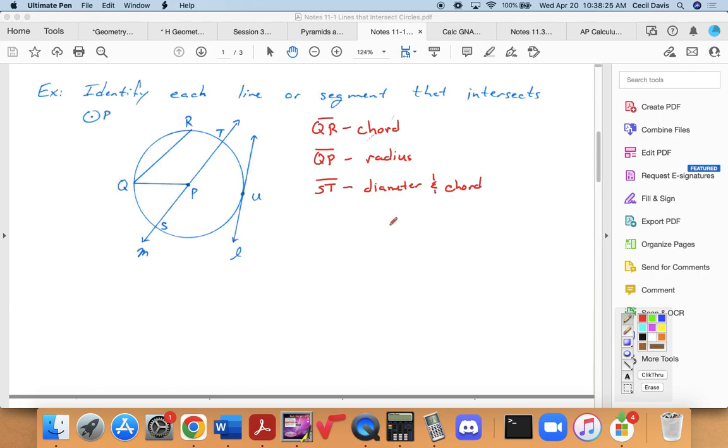Okay? Now, what if we were talking about this whole line? We could call it line M. Or we could call it line ST. We haven't done that in a long time. Either one is fine. It goes to the circle in 2 different places. That's a secant.